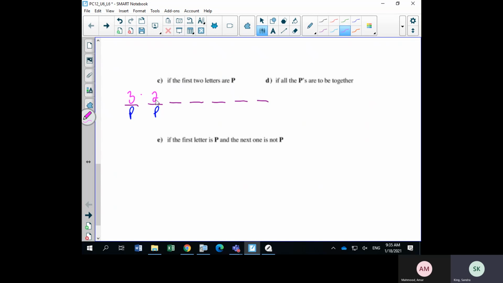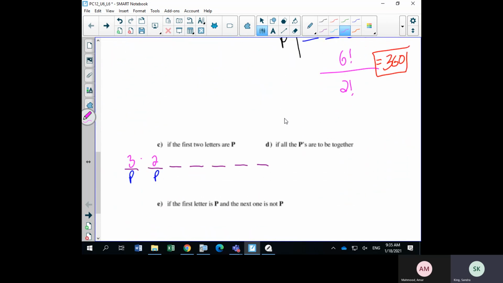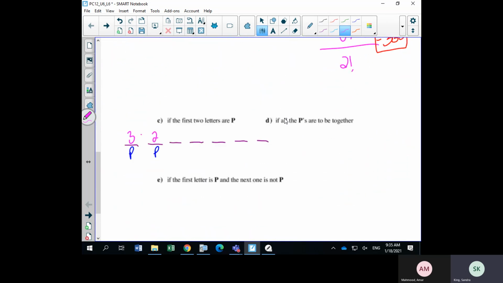Yeah, we did B. Okay, C says if the first 2 letters are P's. So P and P. This stage here, poppies had 7 letters, and I just placed 2 of them, so I would have 5 remaining letters to go there: 4, 3, 2, and 1.